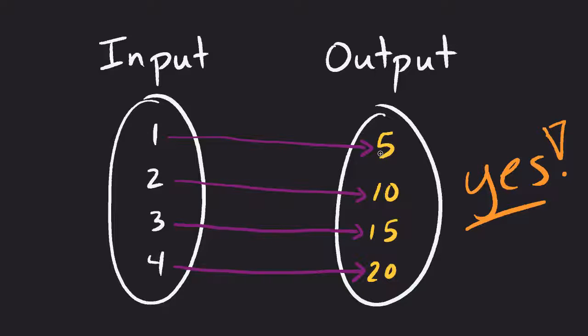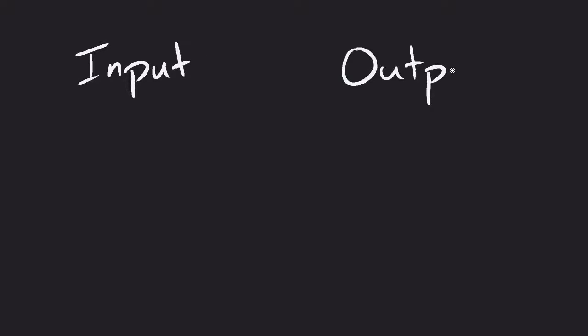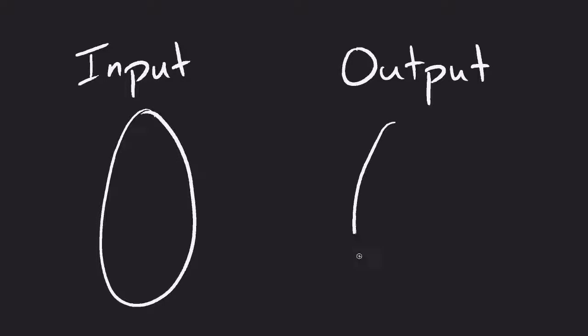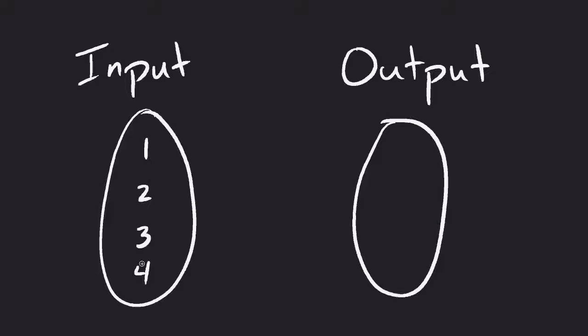Let's look at another example. Here's my input, here's my output. I'll give you similar values: my 1, 2, 3, 4, and over here, I've got a 5.